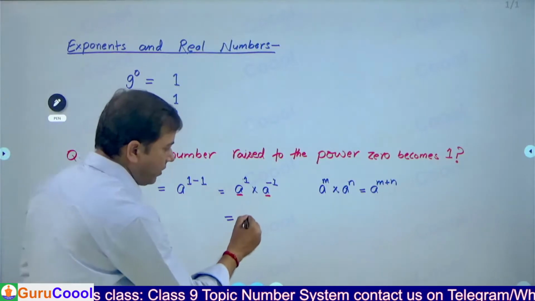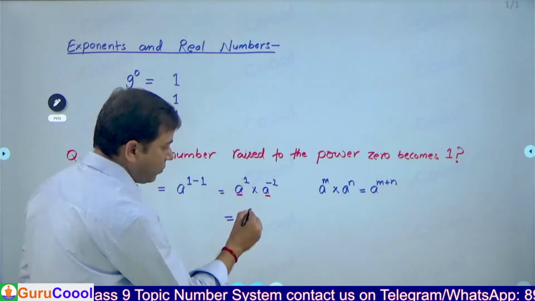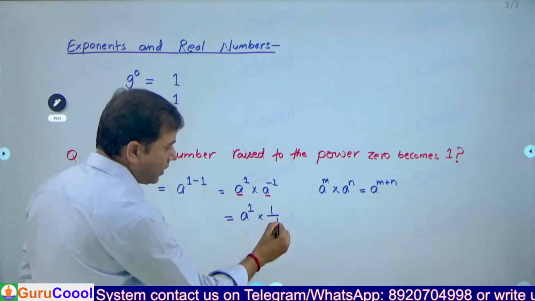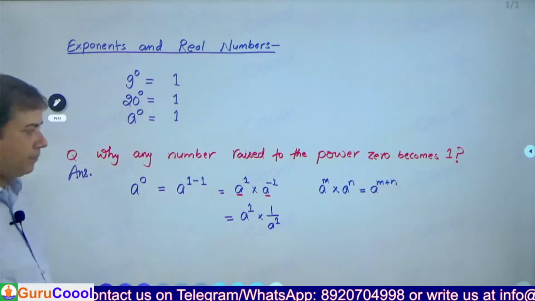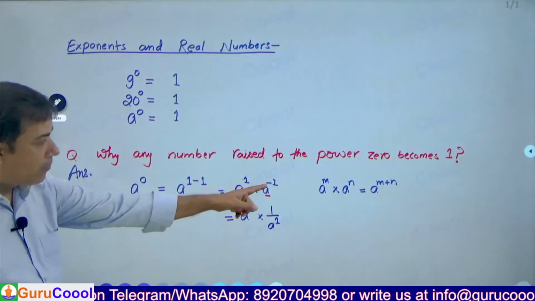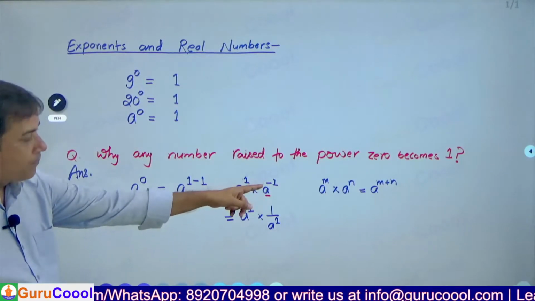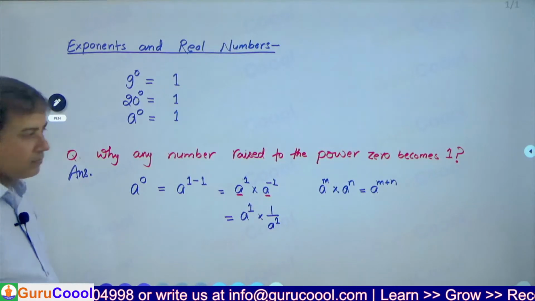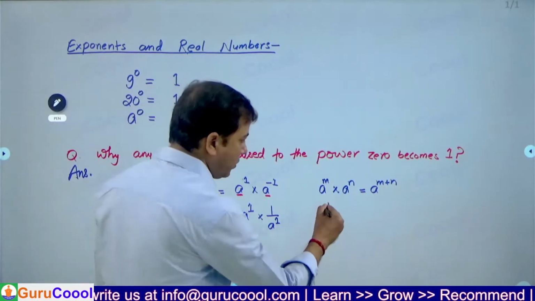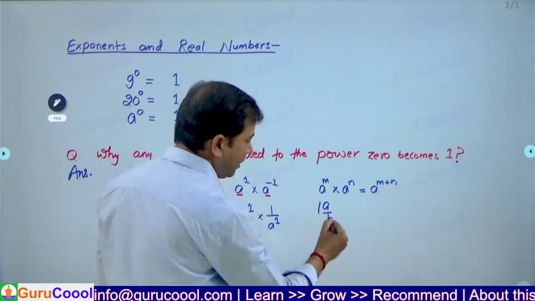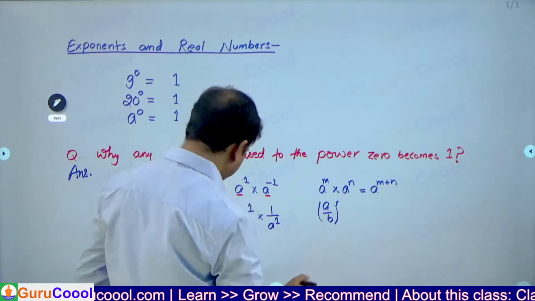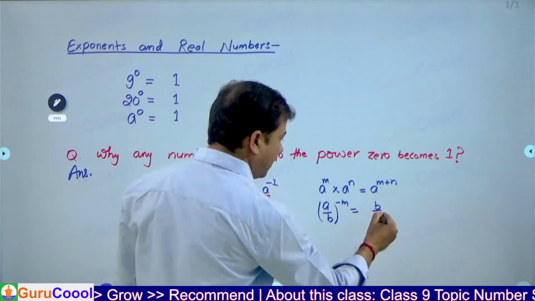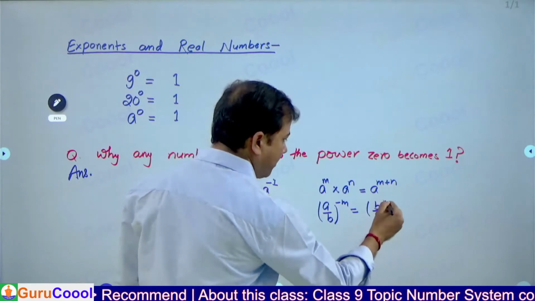Next, can we write it as a raised to the power 1 times 1 upon a raised to the power 1? A negative exponent can go to the denominator to become positive. That was a rule: a by b raised to the power minus m can be written as b by a raised to the power m.